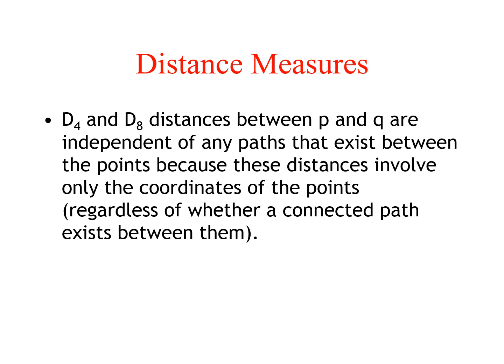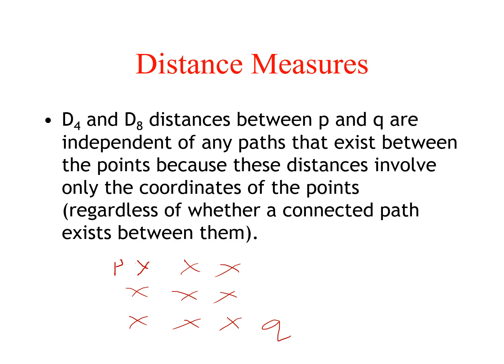D4 and D8 distances between P and Q are independent of any path that exists between the points, because these distances involve only the coordinates of the points, regardless of whether a connected path exists between them or not. Suppose this is your P and this is your Q. Whether you have pixels in between, it will not matter, and it will give you the distance irrespective of other pixels in between.